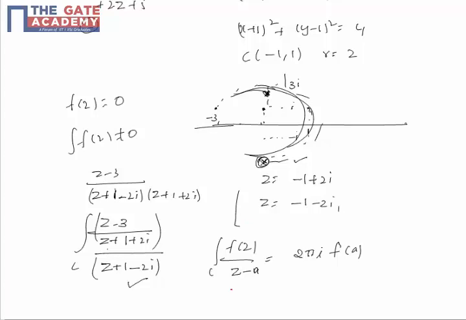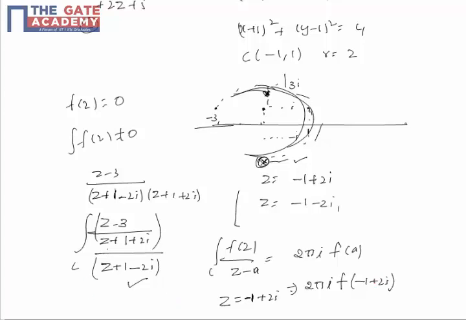Because the value of z is equal to minus 1 plus 2i, my answer is 2 pi i into f of a, where we substitute z with minus 1 plus 2i everywhere.